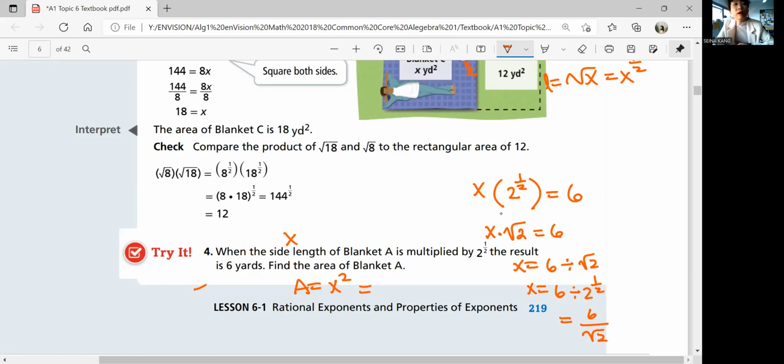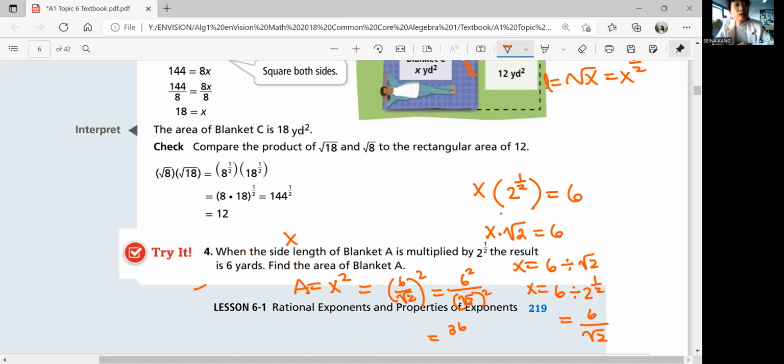We just figure out the area by squaring the x. 6 over square root of 2, squared, is 36 over... and what's square root of 2 squared? So if you square the whole thing, you can't just square the top, the numerator. You also square the denominator, okay? Because it's squared on the whole fraction.